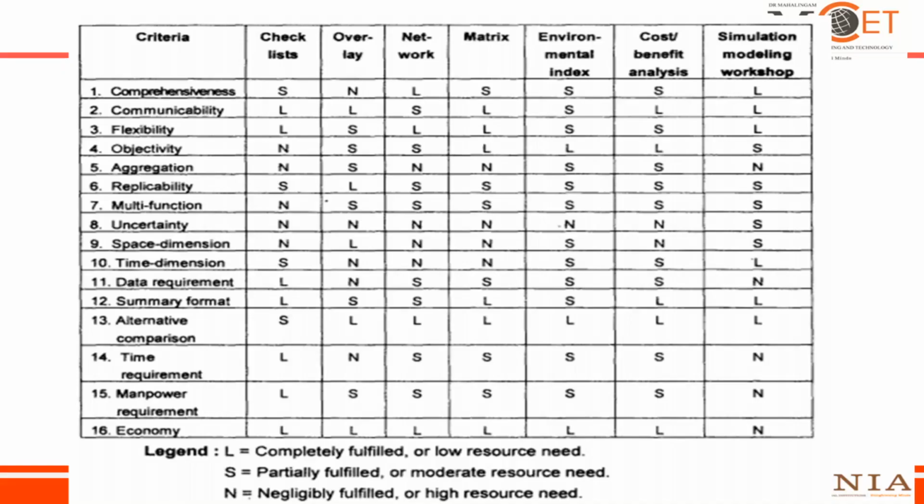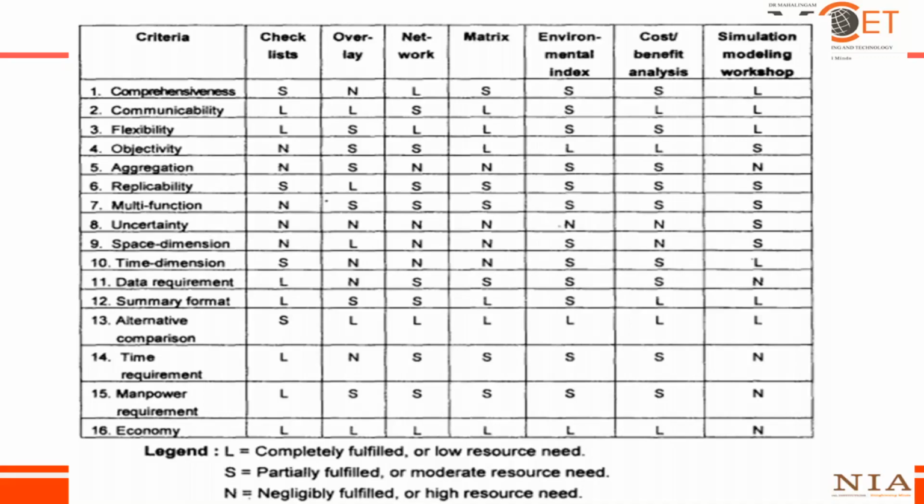So this table is just to give you some idea about the various parameters that can be evaluated for a particular method, but we cannot say that based on this this method is the best method, right? So it depends on the project which you are going to evaluate in terms of the EIA, right?